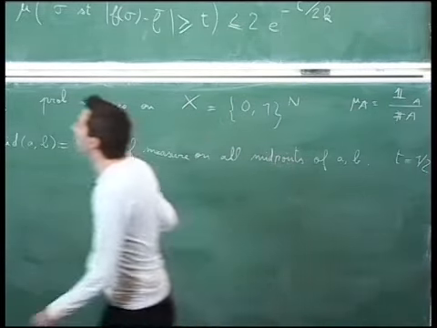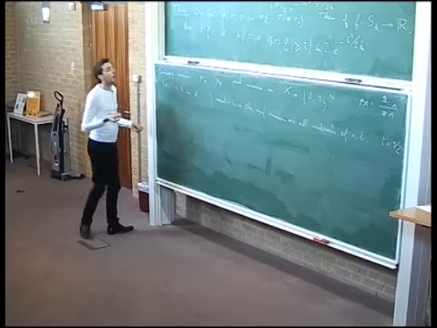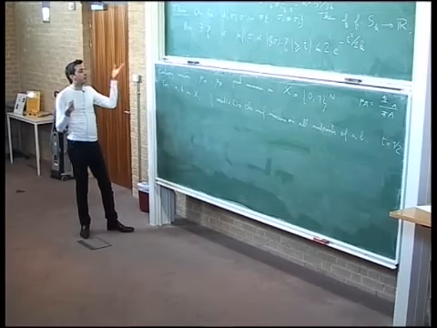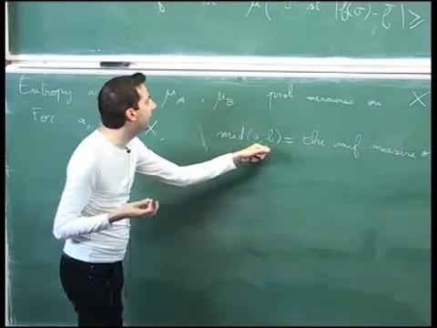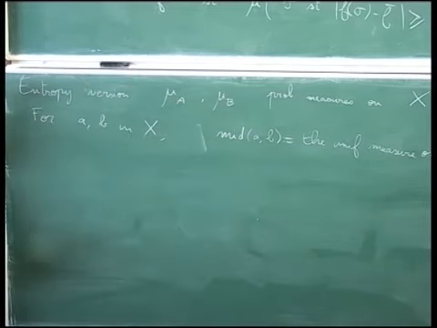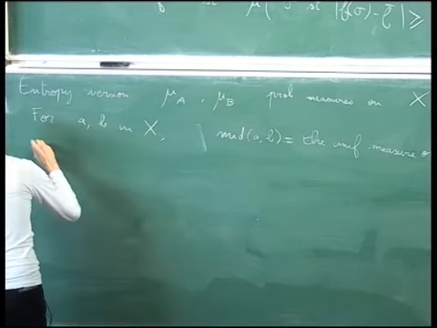So it's exact midpoints. And now you define the midpoint measure of mu A and mu B by integrating for A in mu A and B in mu B independently. So you get all crossed midpoints.